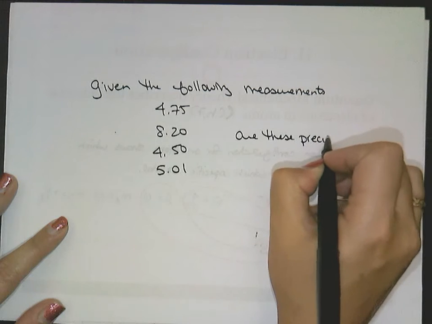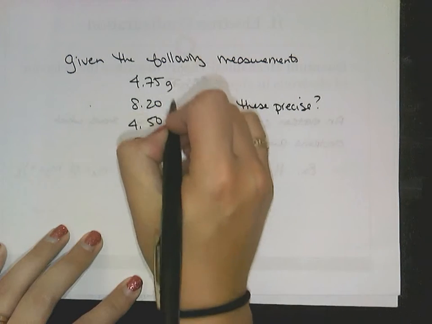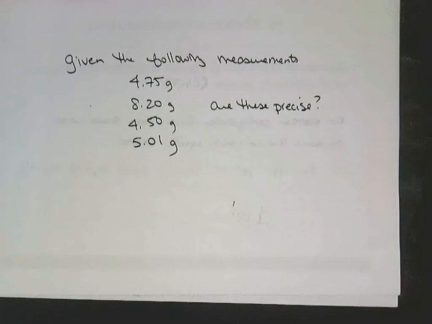So let's say you're out in the lab doing some mass measurements. Would you consider these 4 measurements precise? What is wrong with these 4 measurements? Which one would you throw out? The 8, right?